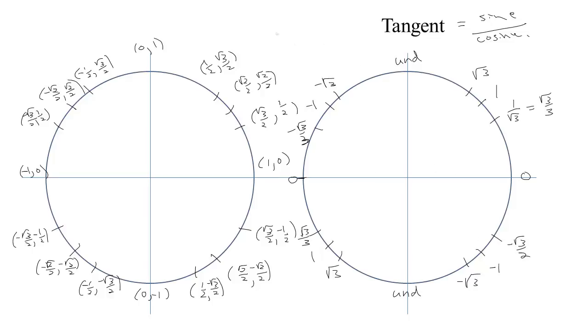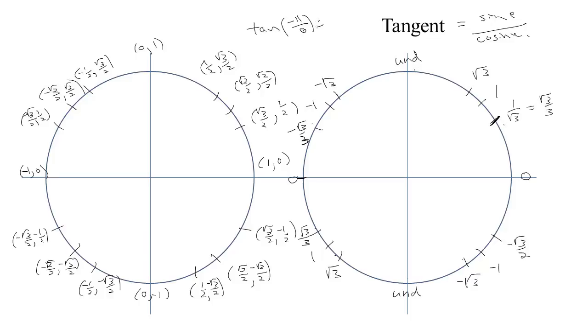So suppose someone says, well, what's the tangent of negative 11 pi 6? So we'll just count in. Negative 1 pi 6, 2 pi 6, 3 pi 6, 4 pi 6, 5 pi 6, 6 pi 6, 7 pi 6, 8 pi 6, 9 pi 6, 10 pi 6, 11 pi 6. There's negative 11 pi 6 right there.